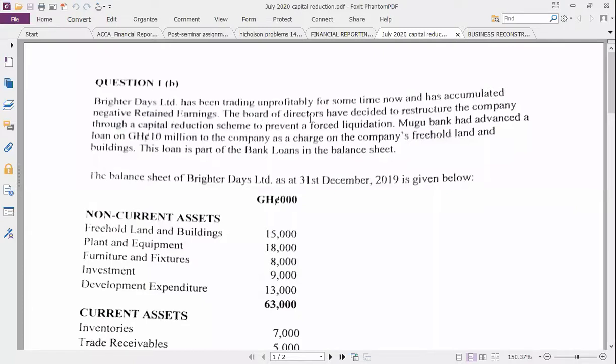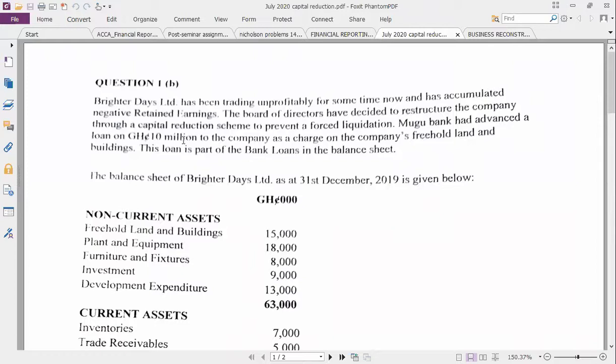The board of directors have decided to restructure the company through a capital reduction scheme to prevent a forced liquidation.